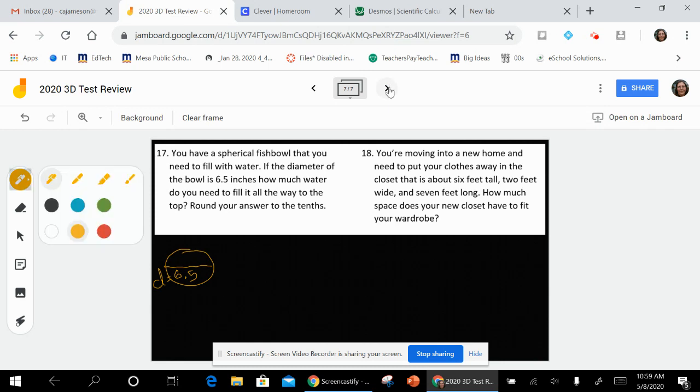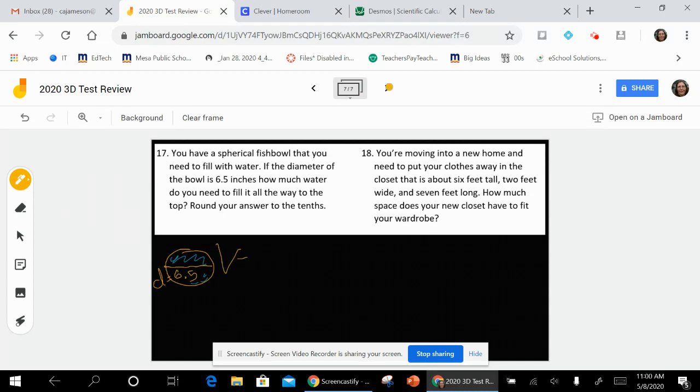So if I'm going to be filling this up with water, that means that I'm going to have to find the area. So pi r squared, oh, sorry, not area. Sorry, everybody. Not area, we're filling the bowl up. We are actually going to be doing volume.